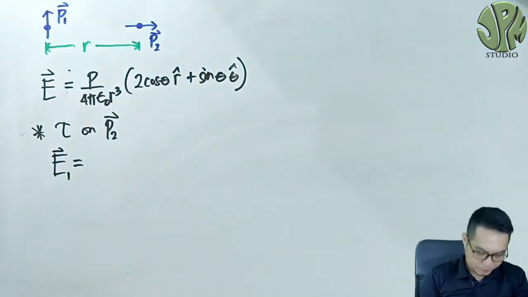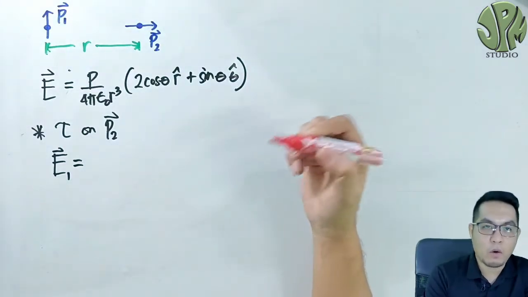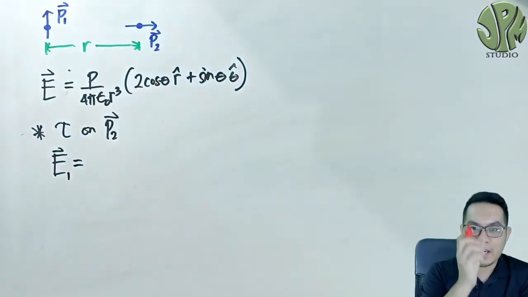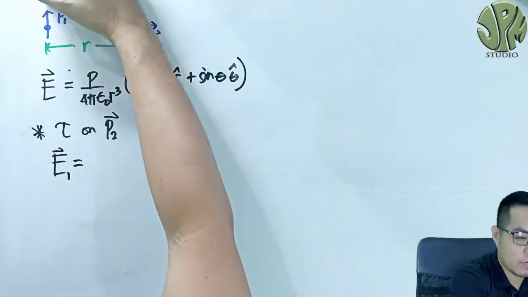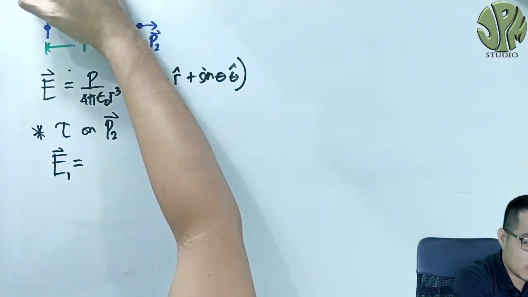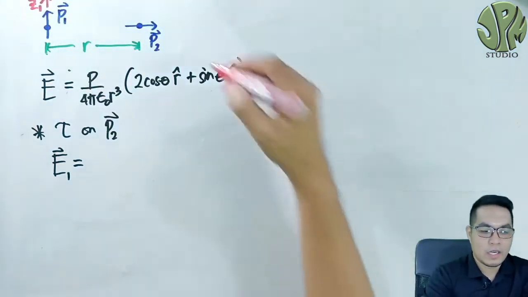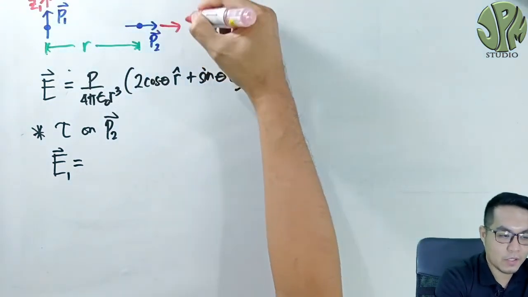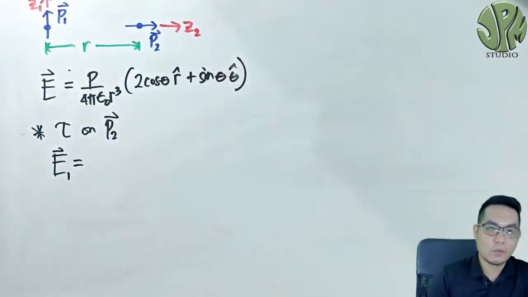By the way, theta here is measured from the z-axis. We will always assume that the direction of our dipole is along the z-axis. So it's safe to assume that this direction here is the z-axis, say z1. And it's also safe to assume that this direction here is the z-axis for the second dipole, say z2.